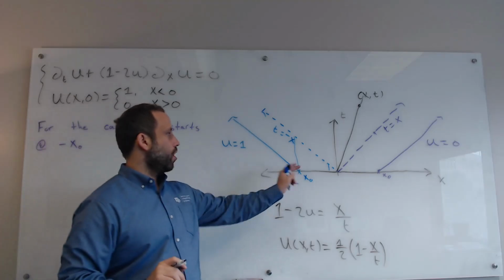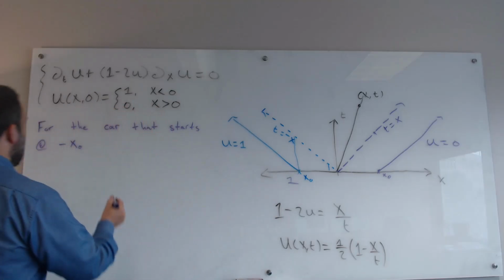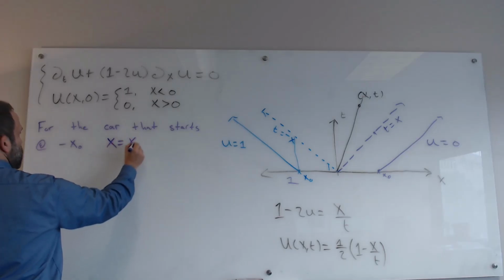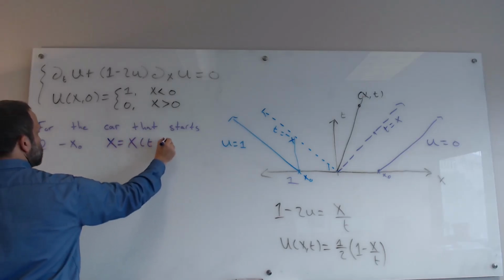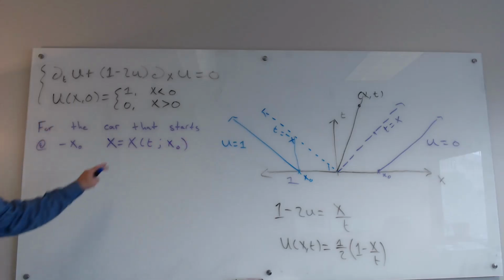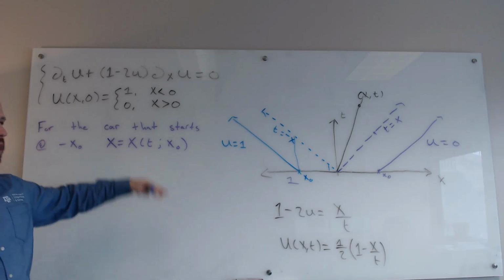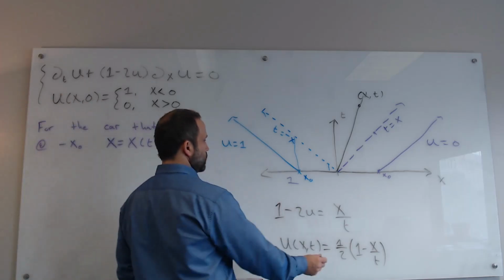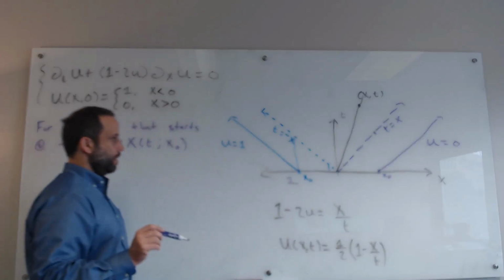So when I think about the car that starts at minus x0, I want to find an equation x equals x of t, and of course it's going to depend on that x0 value. I want to find a formula for the location of that car along the road. Okay, so x of t is going to be the distance between the car and the origin.